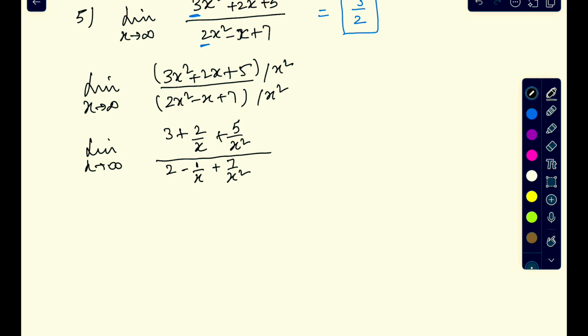Now x is tending to infinity, right? As x is approaching infinity, all the expressions with x in the denominator would tend to be 0, correct? All these 4 expressions will all become 0 as x is a very high number approaching infinity. So we can just say 3 over 2 because those other ones are zeros. That's the basic concept behind why we take the coefficient of the highest degree of the polynomial.